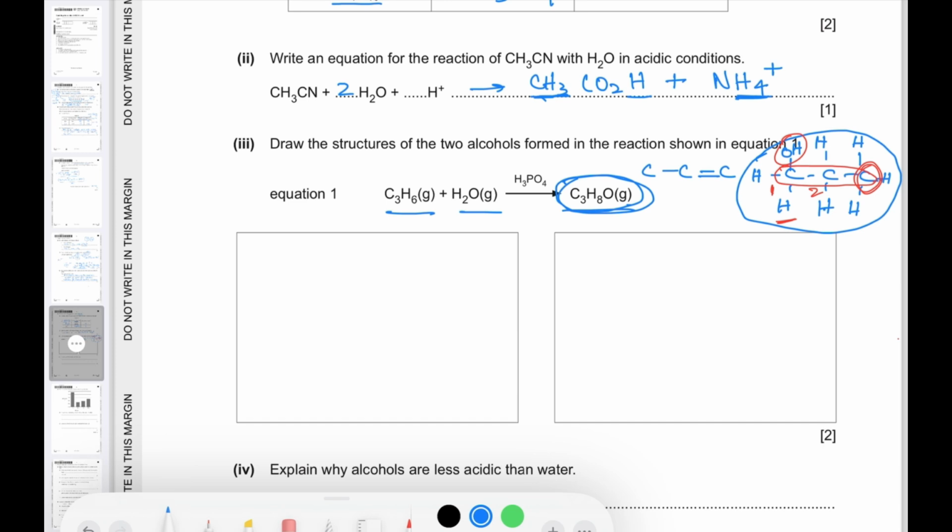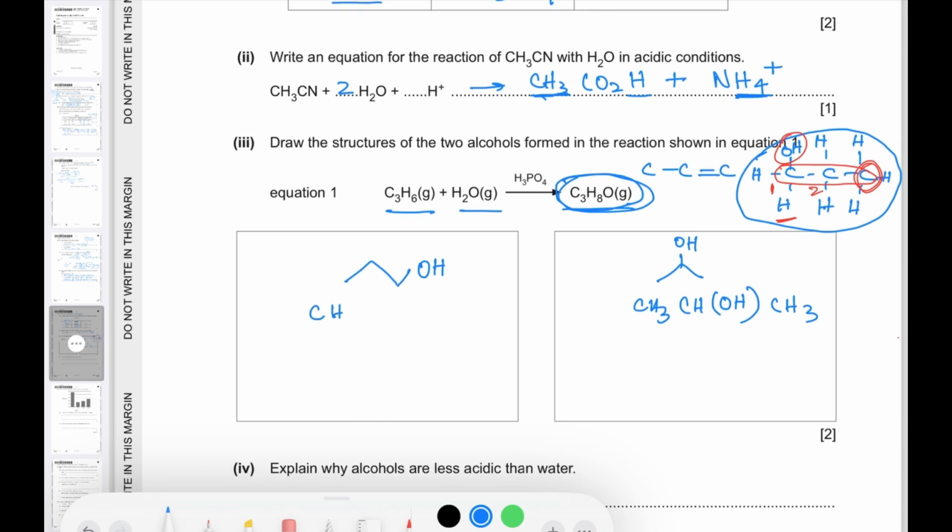So we've got propan-1-ol and propan-2-ol as our structural isomers. It's CH3CH(OH)CH3. Remember to put the hydroxyl group in brackets since it's a branch in the middle of the compound. This one's propan-1-ol and propan-2-ol.